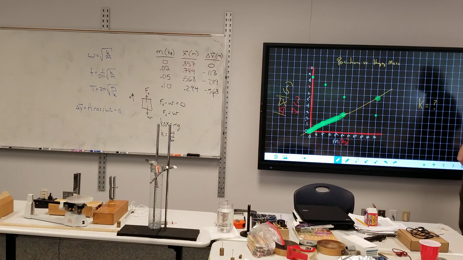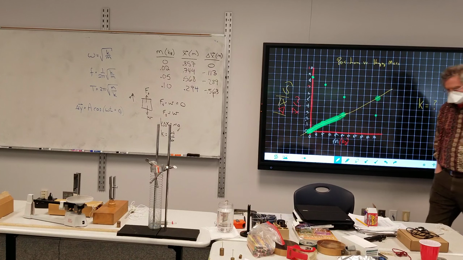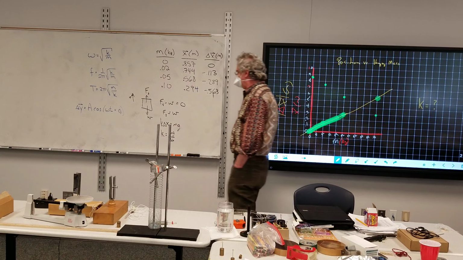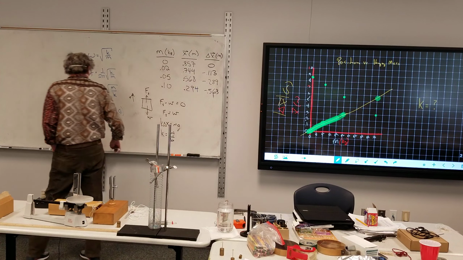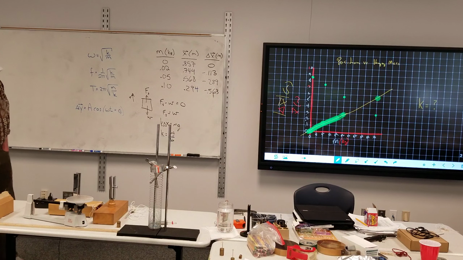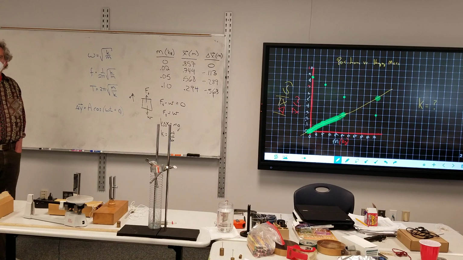So if I looked at the slope of that line, how would I use that in my equation over there? You could plug it in for m over delta x.